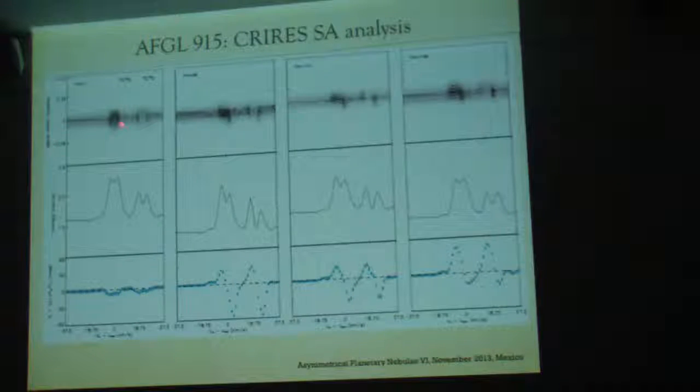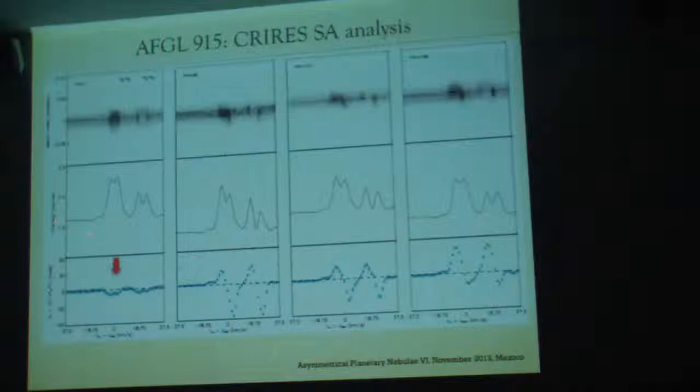So here the first row is the spectrum as observed by Cryo's. The second row is the line intensity profiles, and the third row the spectrometric results. The first thing that I would like to say is that we have centered our analysis on the CO line of 4.9 microns, because we have detected another one, but we focus on this.